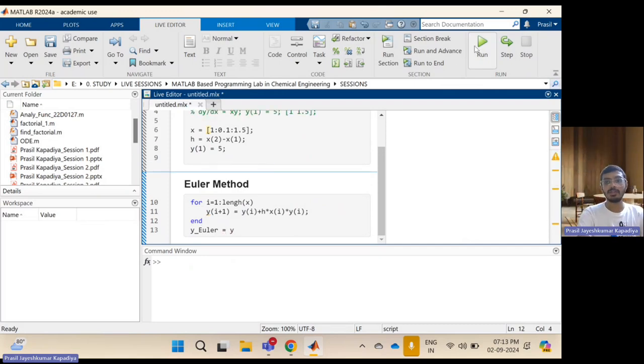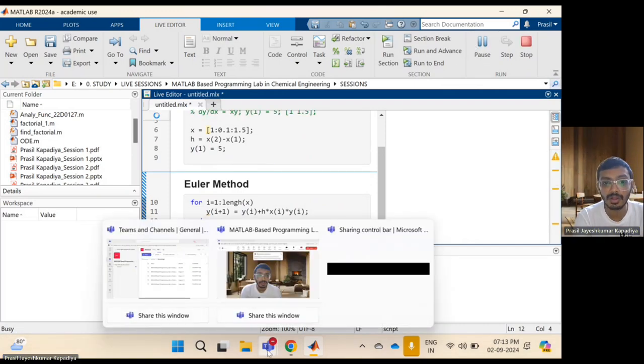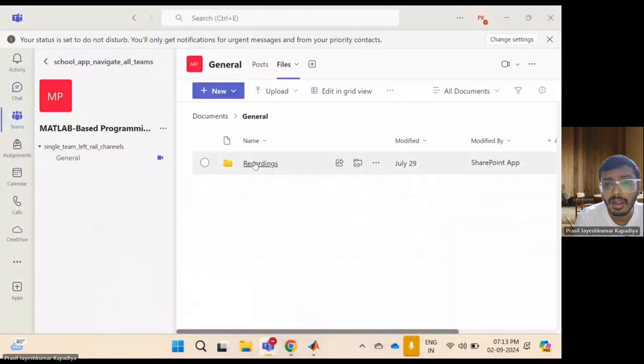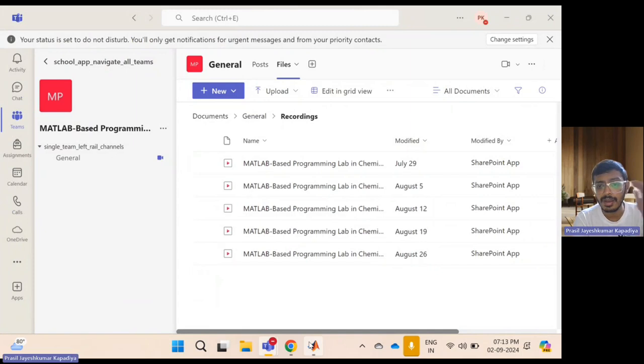So this is my solution. So let's run this code.